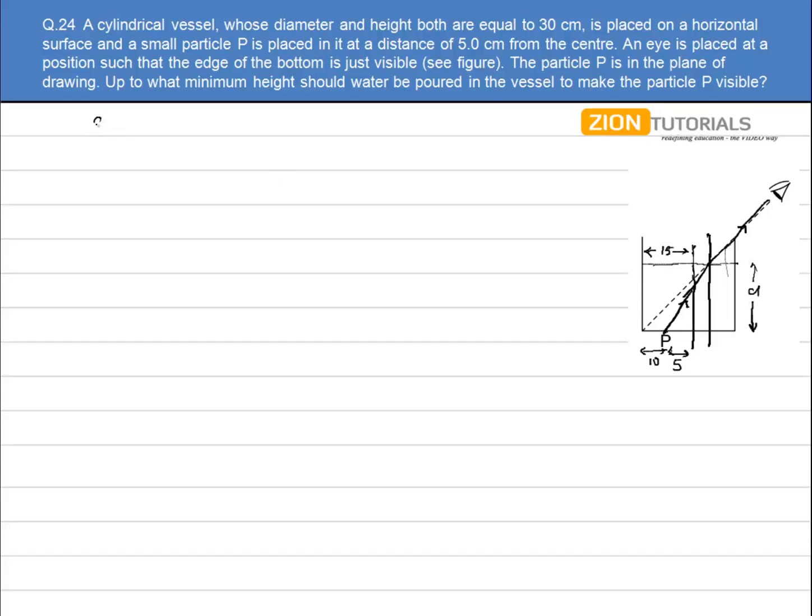Now simply apply Snell's law. Let's say this is my angle of incidence with the normal, and this is my angle of refraction.